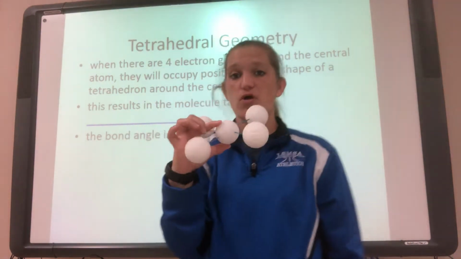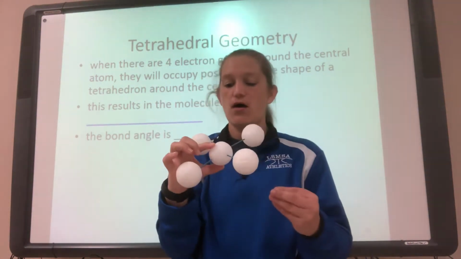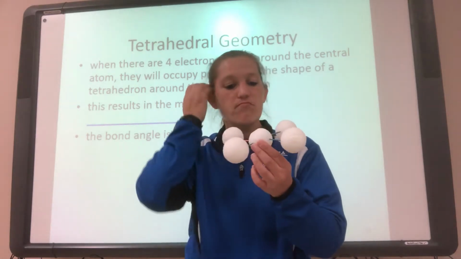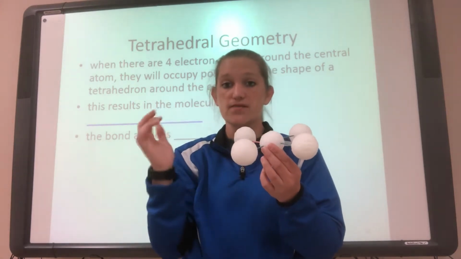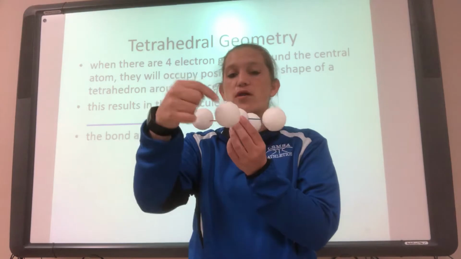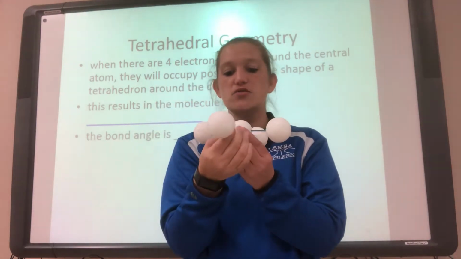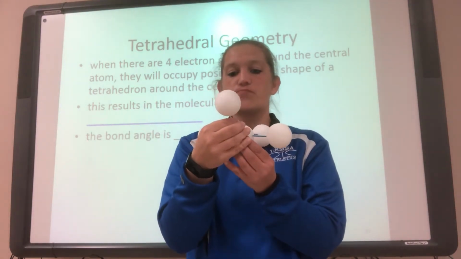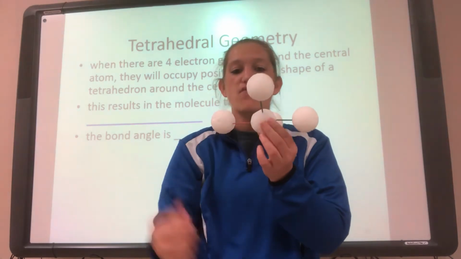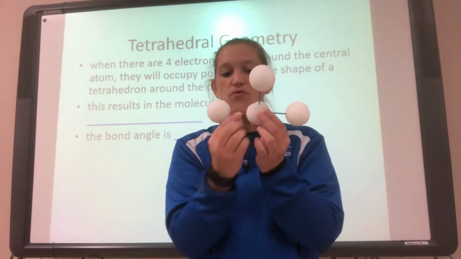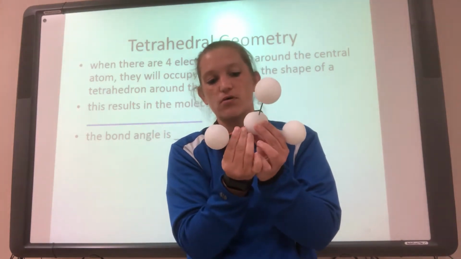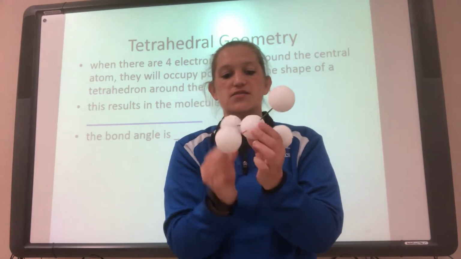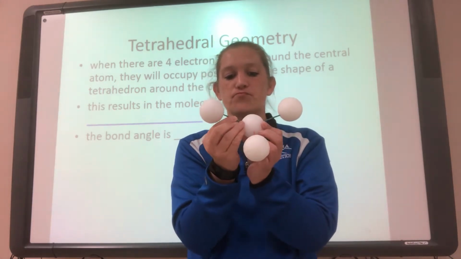So remember, these are three-dimensional objects. So we can actually make these to be not in the same plane. So if I want him to be further away, what I can do is I can kind of angle him up. If he's up, then this guy would want to kind of go angled down. This guy would want to angle up.